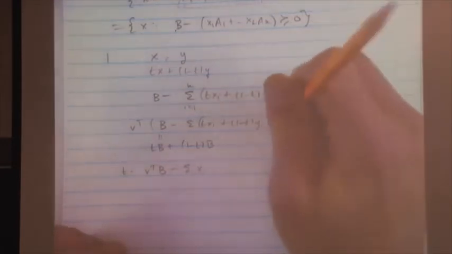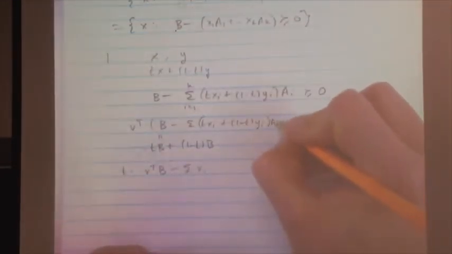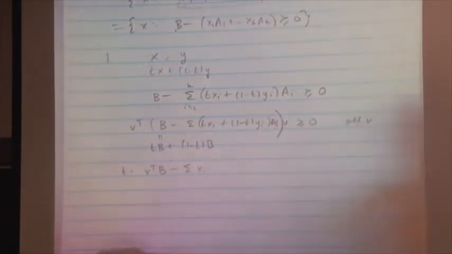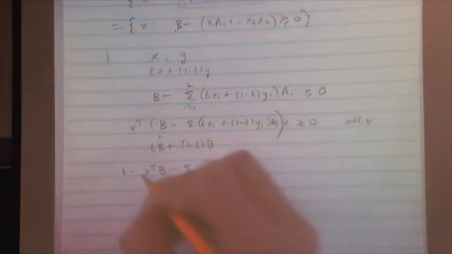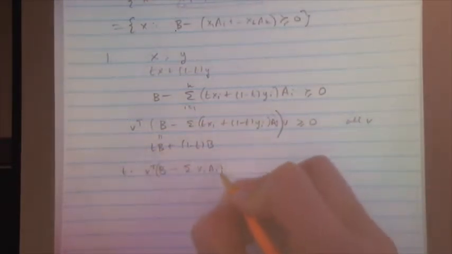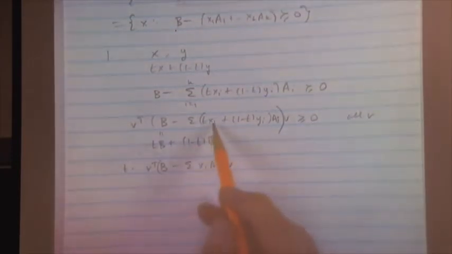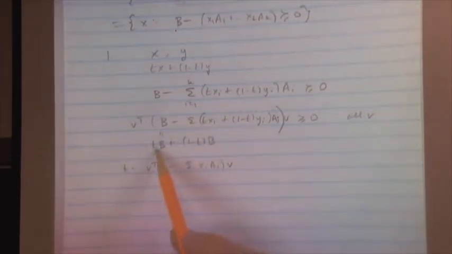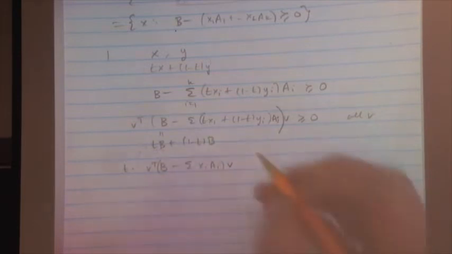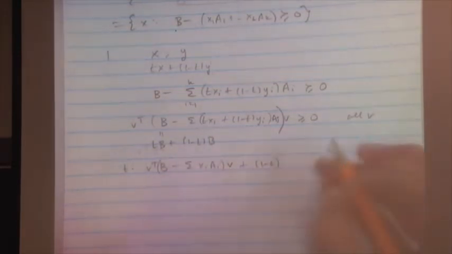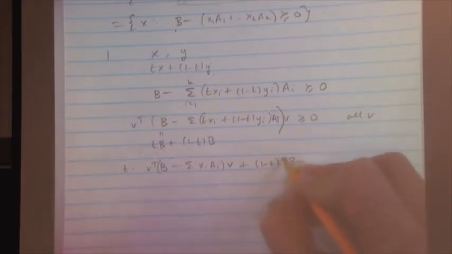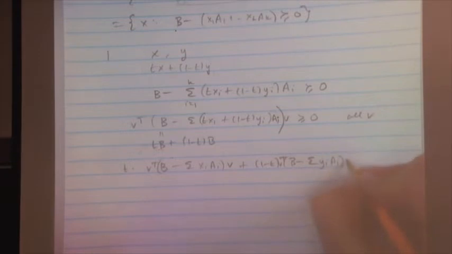So I'm going to rewrite this as t times v transpose (B minus the sum of x_i A_i) v. I left out an A_i there, sorry. So I just took out the t, and I took out this term in the x points, plus (1 minus t) times the same thing for the y's, v transpose (B minus the sum of y_i A_i) v.